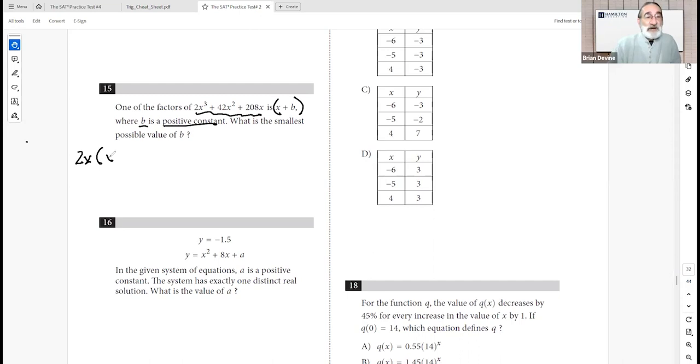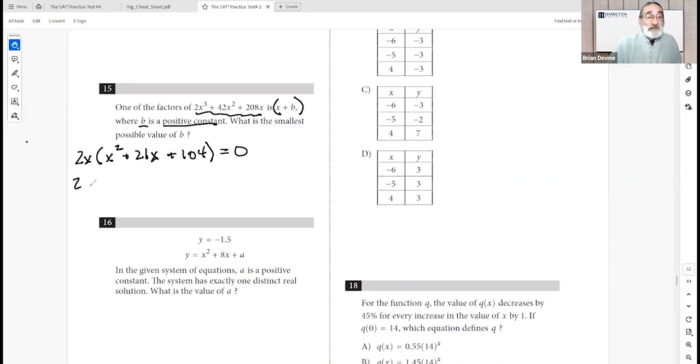And I'll get 2x times x squared plus 21x plus 104, and I'll set that equal to 0. And then I'll see if I can factor that big quadratic there, and I can. I want two numbers that multiply to 104 but add to 21, and 8 and 13 work really good.